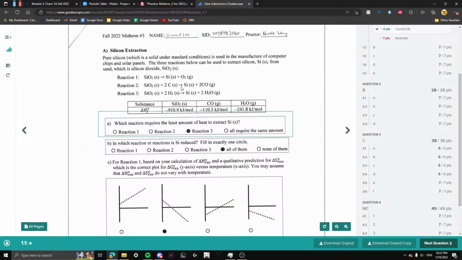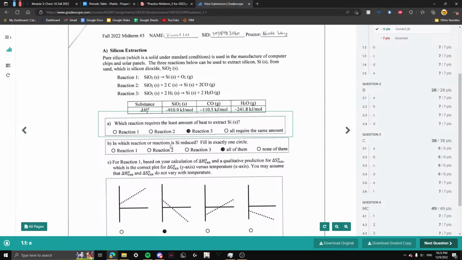Because it's products minus reactants, because Si solid and O2 gas are in their standard states. And then for carbon monoxide, you do 2 times negative 110 minus negative 910, so that'd be close to like 700 something, right? And for this same exact process, so this is going to be most negative, or the smallest delta H value, so it's going to be reaction 3.